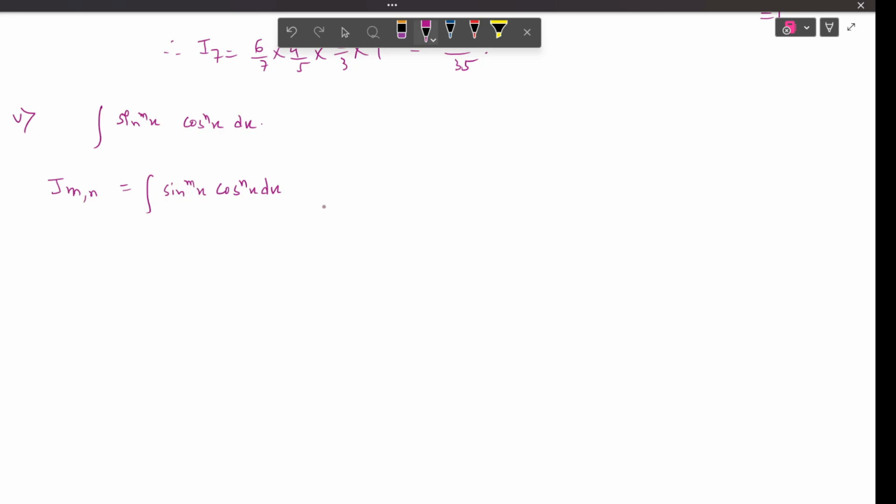So our formula would be sine to the power m plus 1 x cos to the power n minus 1 x upon m plus n plus n minus 1 by m plus n into J m comma n minus 2. This is the formula you have to remember.